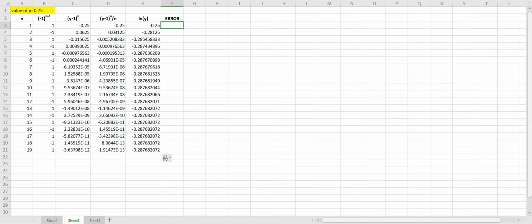So now let's compute the error. The error is basically the difference between the approximation and the real value of y, which is ln of y.